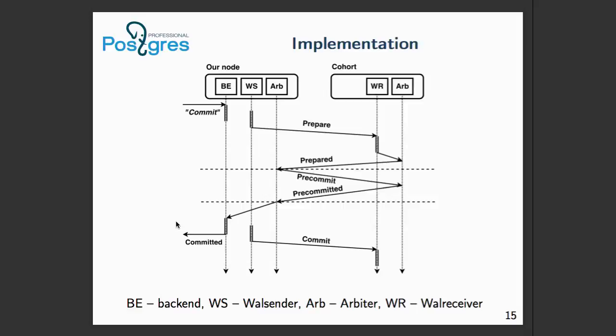On our node, we're interested in the backend that the client connected to, the WAL sender that sends the log to other nodes, and the arbiter. Arbiter is our custom background worker that counts votes for or against a transaction to proceed with the 2PC or 3PC procedure.